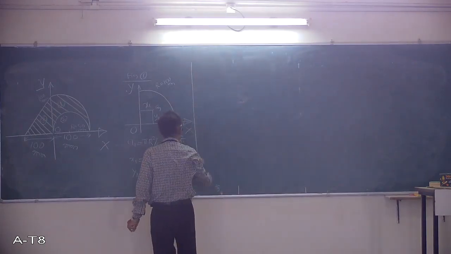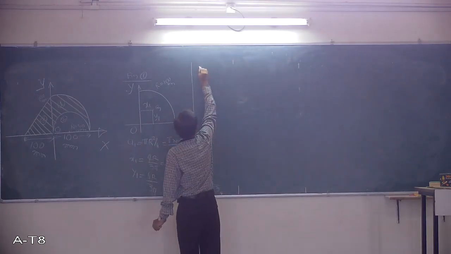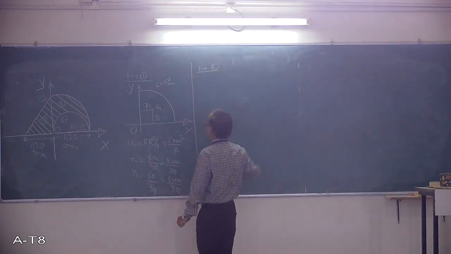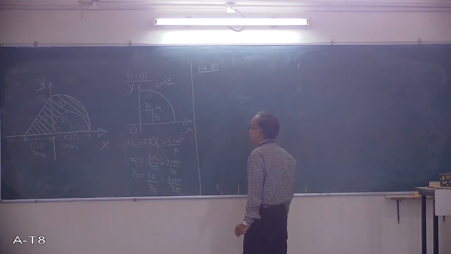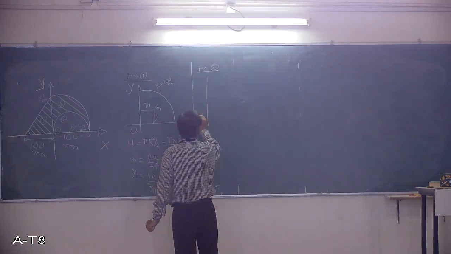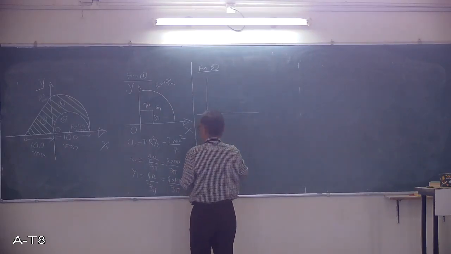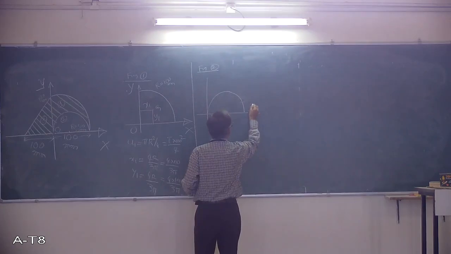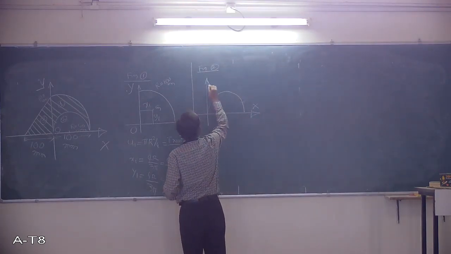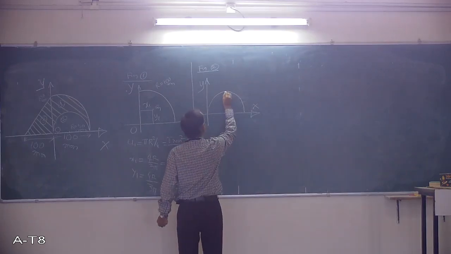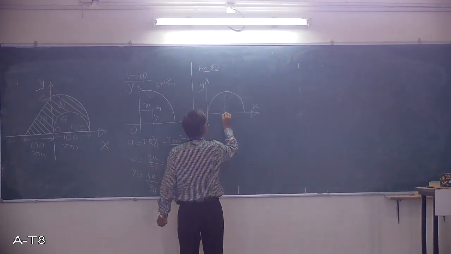Then I write figure number 2, that is the semicircle. Once again I write x and y axis. For the semicircle, I have told you from this point I will draw a line.